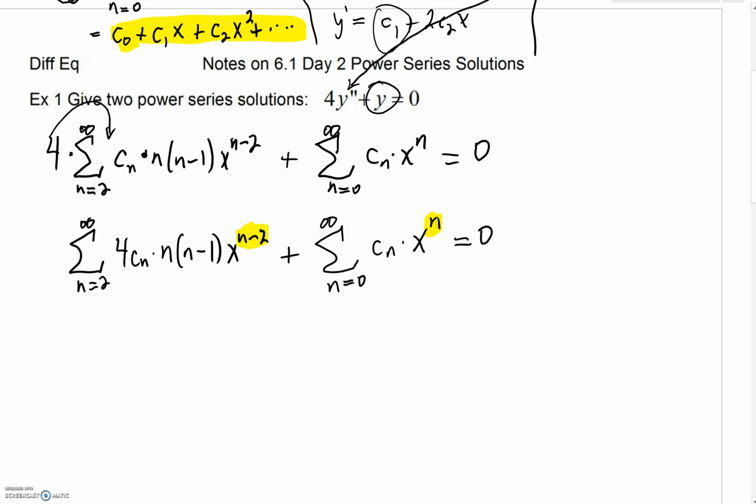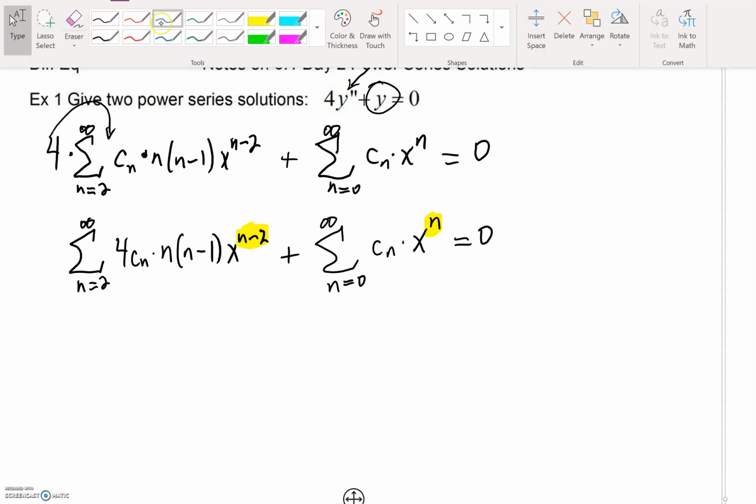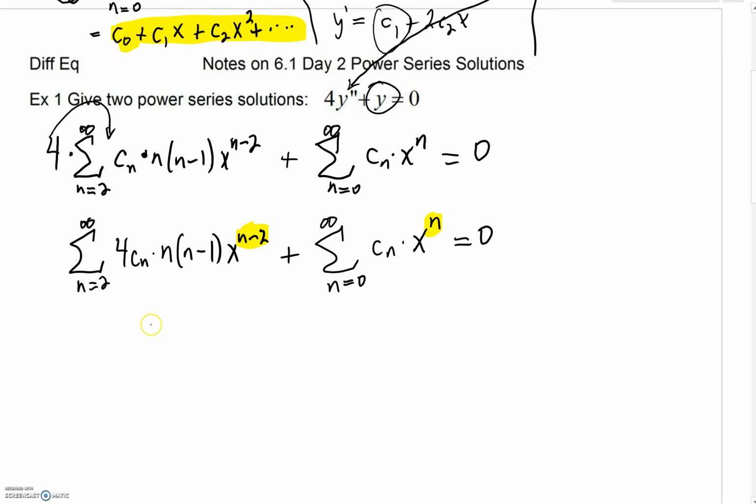And my goodness, let's just do a reorganization. And this is really a great move that we're going to be doing repeatedly. Let's just say, wow, it sure would be good if that power of n minus 2 would just be called a k.